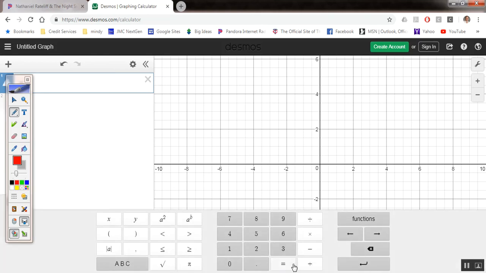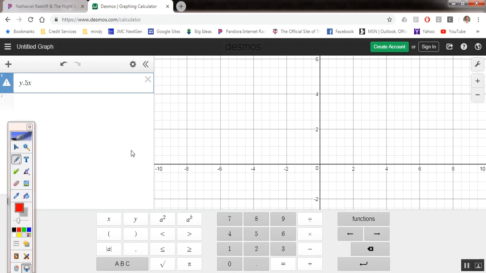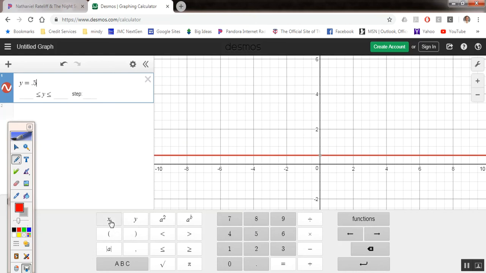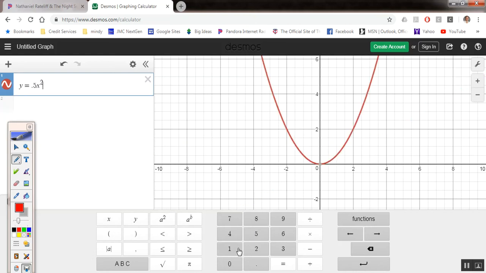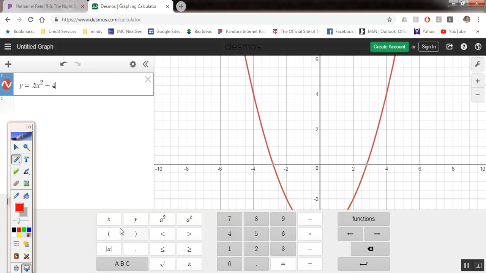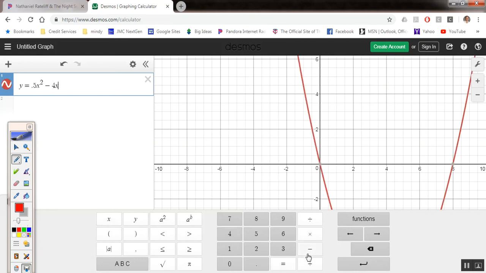Y equals 0.5x squared, minus 4x, and minus 2, was it? Yeah.